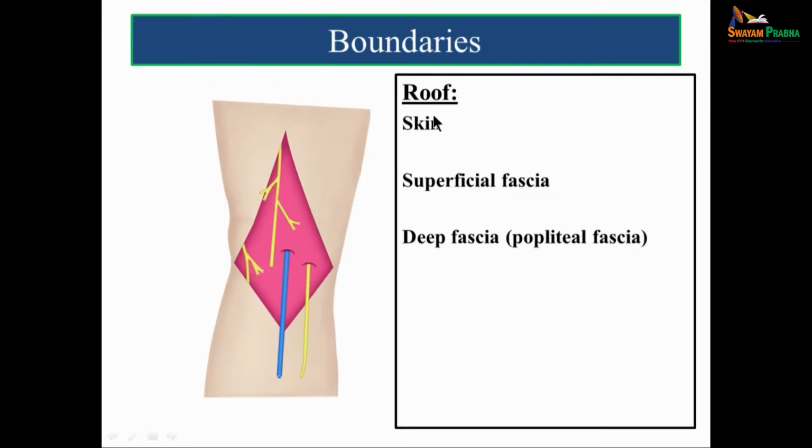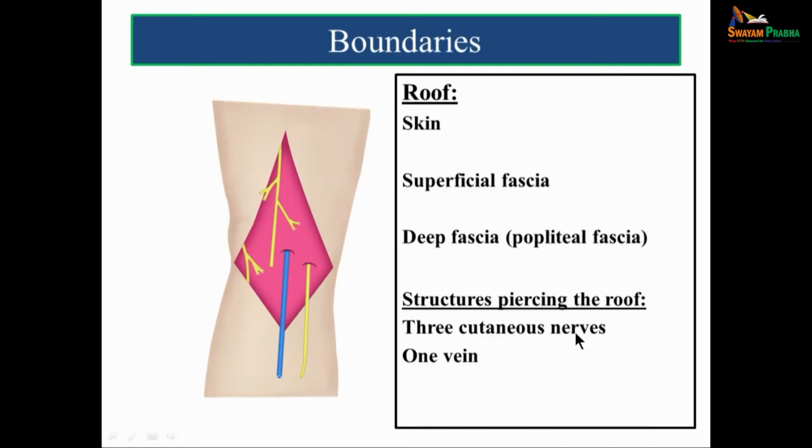The roof is formed by the skin, which is the most superficial structure, then the superficial fascia, and the deep fascia. In the roof we have about 4 structures present. There are 3 cutaneous nerves that pierce the roof, and we have one vein which is piercing the roof. So these are the 3 cutaneous nerves.